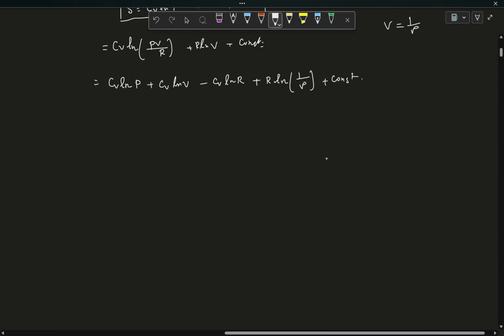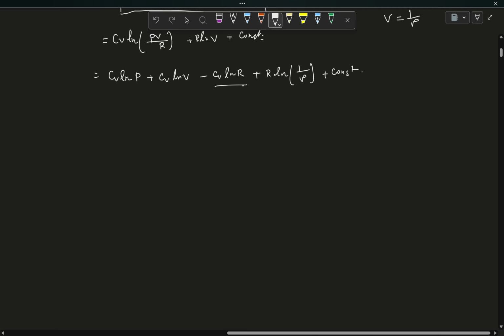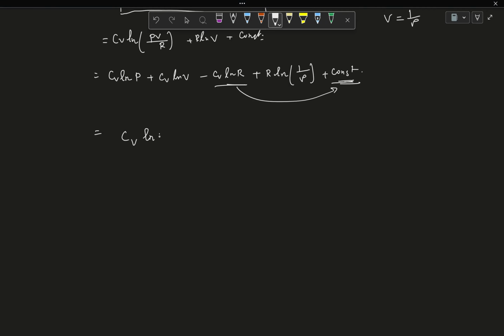Now simply look at it, Cv ln R, where Cv is known and R is a universally known constant. So Cv ln R is a constant term, it is not a variable, so you can readjust it into the integration constant and simply deal with the other parts, which is Cv ln P plus Cv ln 1 by rho plus R ln 1 by rho plus a net constant, which includes this constant and the constant term with R which we obtained.